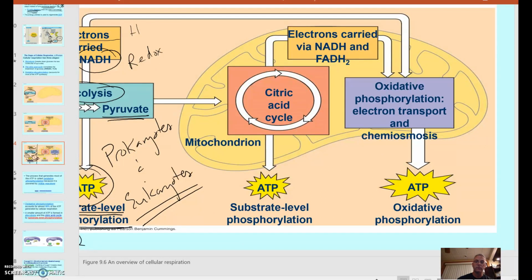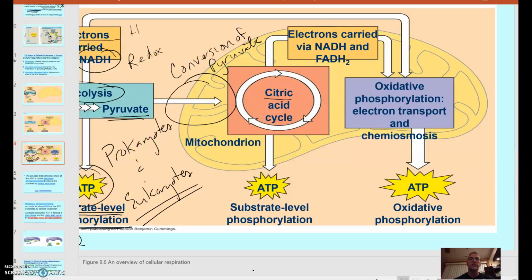So one of the things that we're going to see is that pyruvate is going to be actively pushed into the mitochondrion, and it's going to do what's called the conversion of pyruvate. We'll go over the details of that particular step. And then the conversion of pyruvate is going to prepare for us acetyl coenzyme A, which is going to dump into the citric acid cycle.